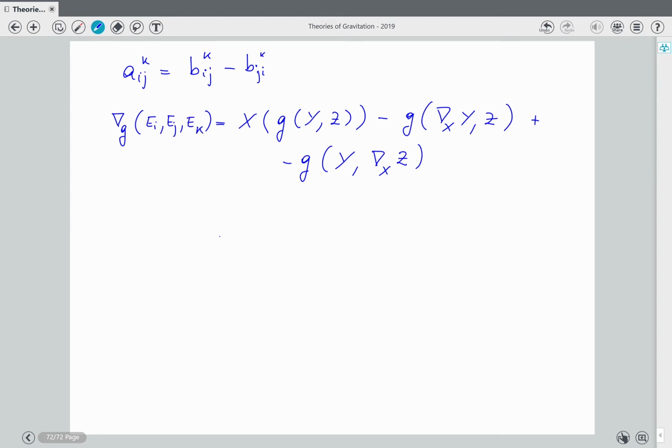Now let's see what happens when we do that. So, okay, X is e_i, Y is e_j, and Z is e_k.